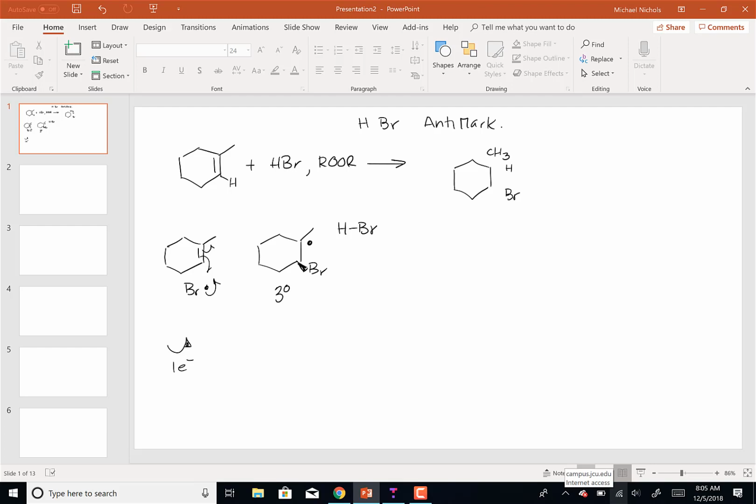And so what we have to think of here is what's the structure of a free radical. And the difference between a carbocation and a free radical isn't that much. This is an sp2 hybridized carbon because it just has 3 atoms attached to it.